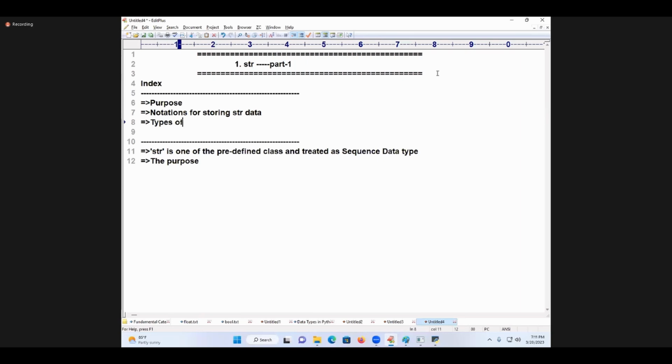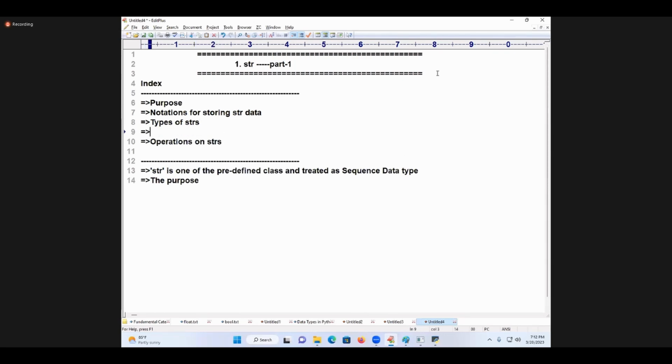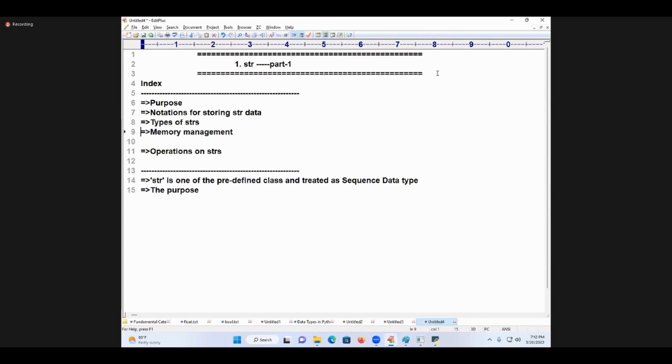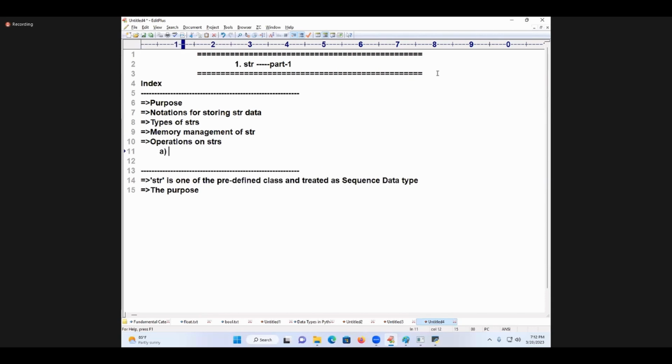Types of strs. Operations on strs. And before that, memory management. I am writing here memory management. Memory management of what? str. And operations on str.